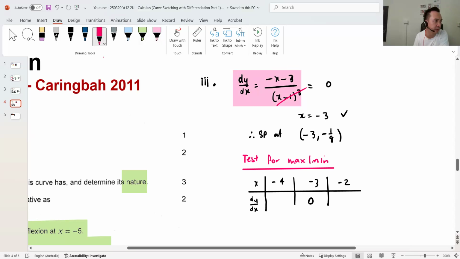Sub minus 2 in, and you get, into my calculator, it's a fraction. So minus 2, that's minus 2 minus 3 on top. And on the bottom, minus 2 minus 1 cubed. 1 on 27.